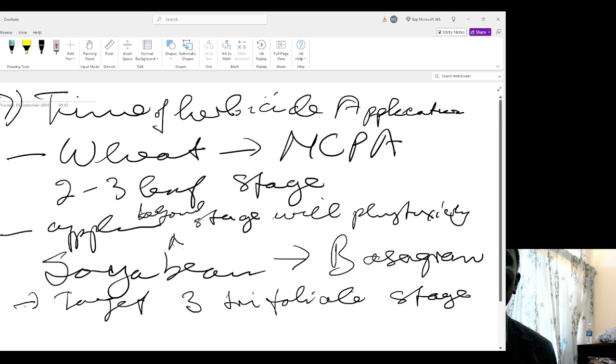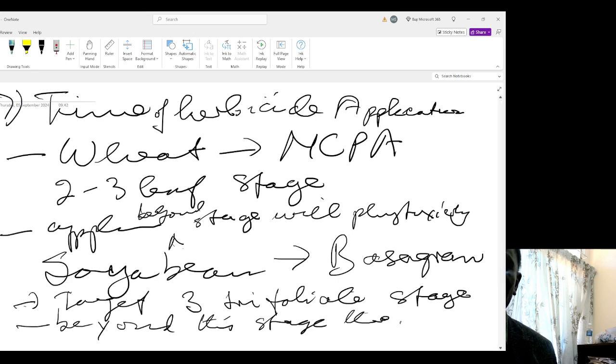That is when we should apply basagran. Beyond this stage, there will be phytotoxicity.